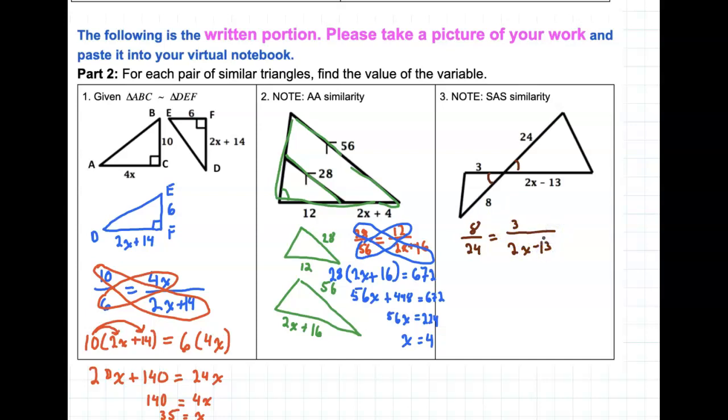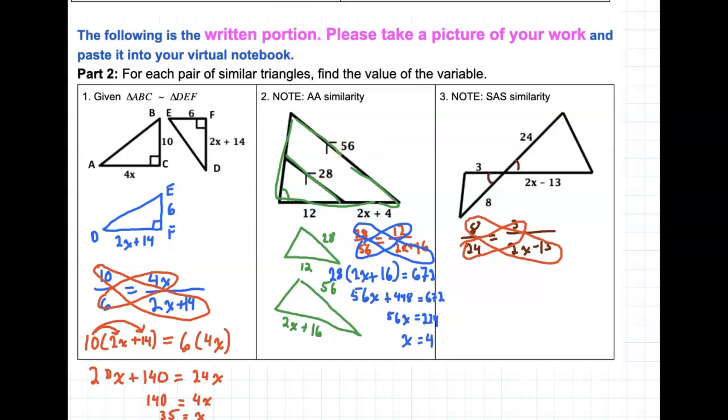We could also use this triangle here and look at the same ratios on this one. It doesn't really matter, we just have to pick one and go with it. So again, I'm going to use that cross product: 8 times 2x minus 13 is equal to 3 times 24.